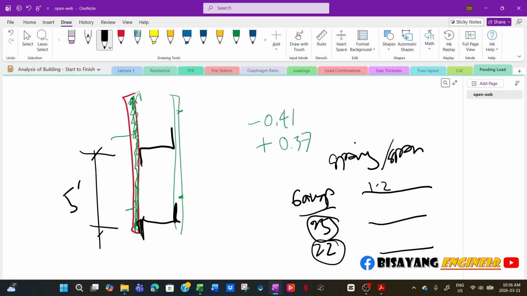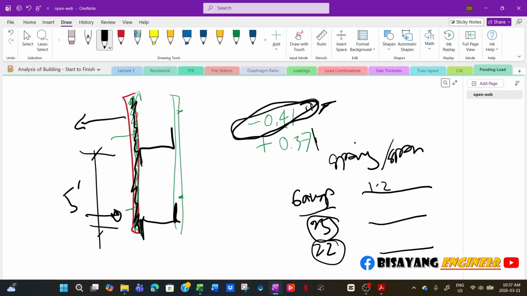So when you size the cladding itself, use the absolute value. In this case, 0.41 is the highest between these two, because 0.41 means this is pulling the cladding, and then 0.37 is pushing the cladding. So when you size the cladding, regardless of the direction, always use the higher value.